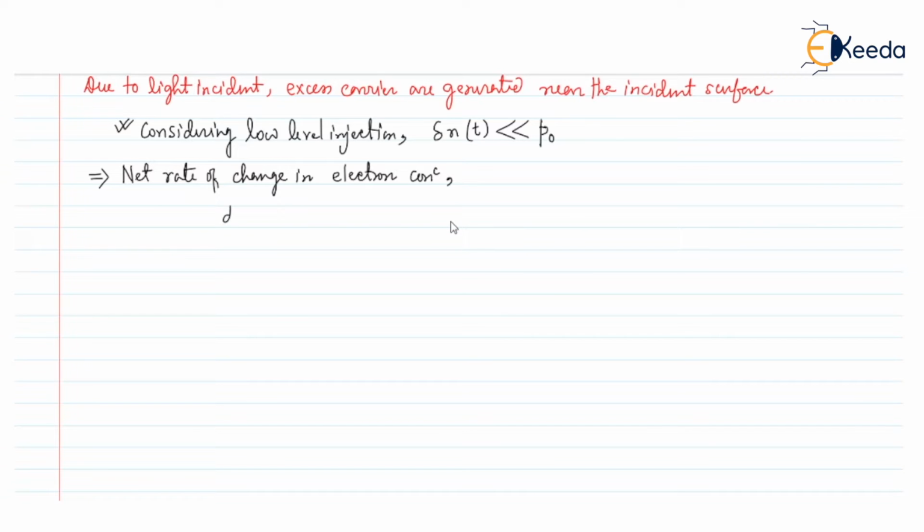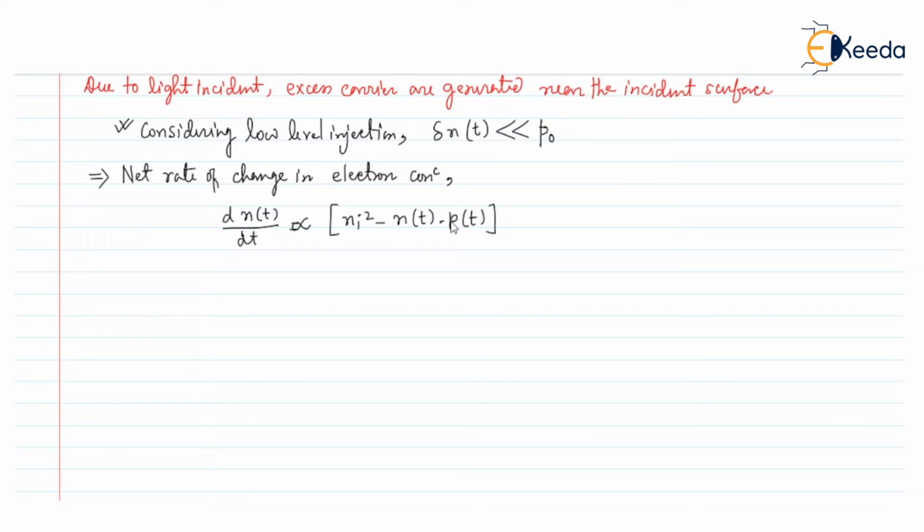So we can write dn(t)/dt is proportional to ni squared minus n(t) into p(t).